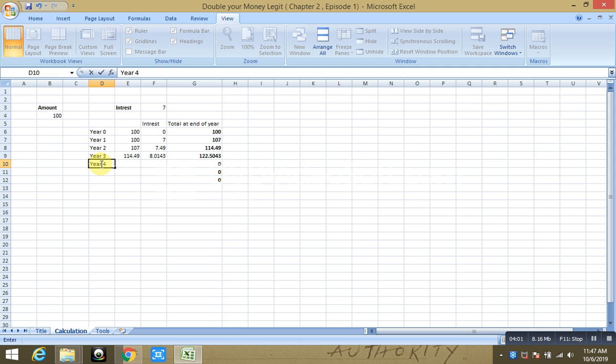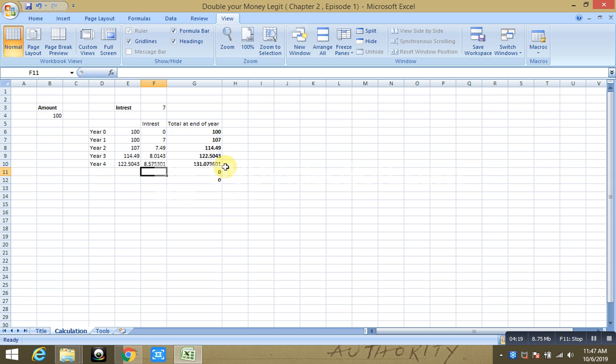Now at year 4, let us say we reinvest this $122 and we get 7% interest on the same. So we get $131 at end of the year. So as you see, it's compounding again and again.